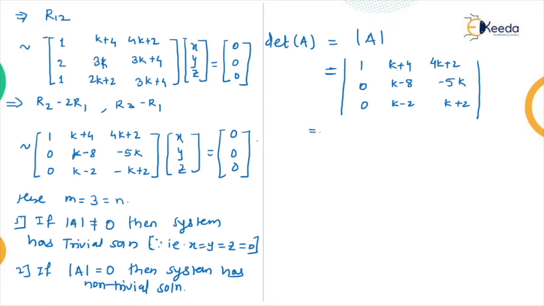Now if you are simplifying this determinant, so what will you get? Simplifying this determinant, you get k minus 8 into minus k plus 2, plus the next element 5k into k minus 2. Here we have to multiply, or you have to solve this determinant. So 1 into (k minus 8 times minus k plus 2 plus 5k times k minus 2).